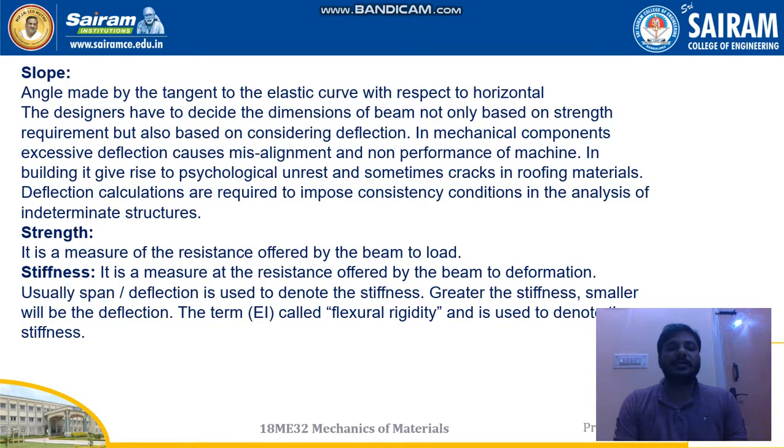The designers or engineers have to decide the dimensions of the beam not only based on strength requirements, but also by considering the deflection. In a mechanical component, excessive deflection causes misalignment.